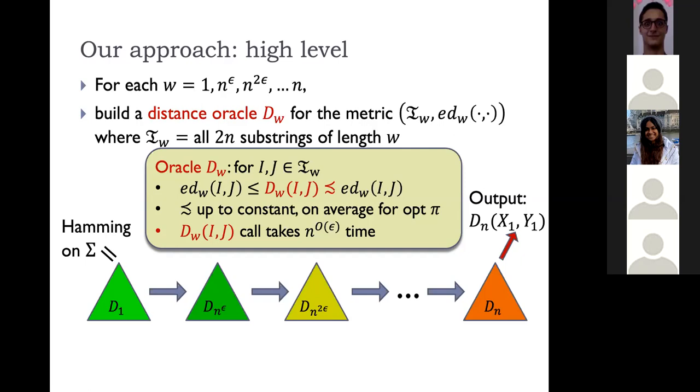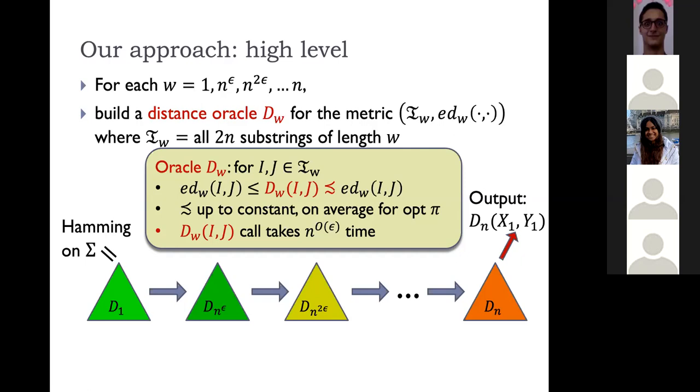And on the upper bound side, ideally we would like to say that this is upper bounded by some constant times the distance between strings i and j. We cannot do that. But what we can do is have this upper bound hold again up to a constant and in just enough places so that we can compute the edit distance at the end.